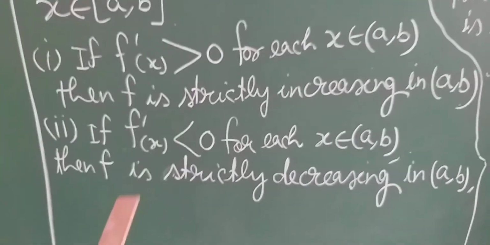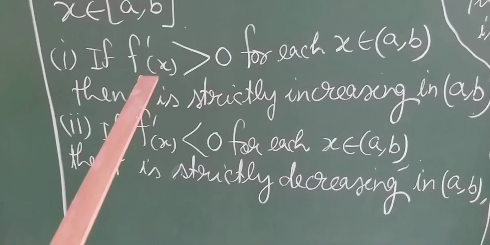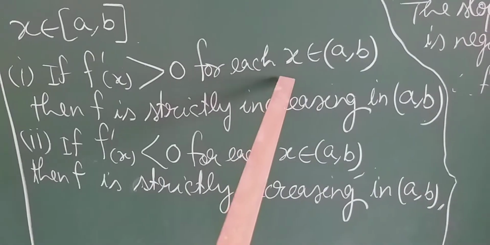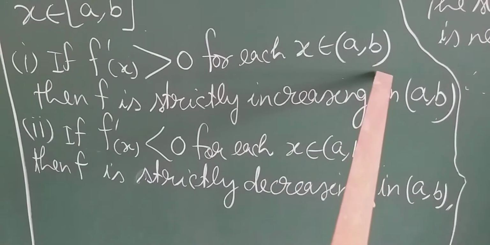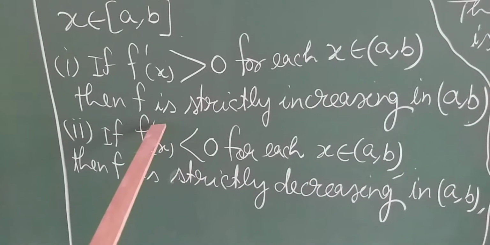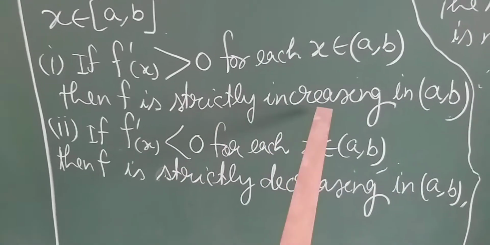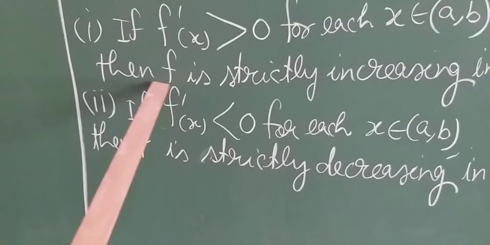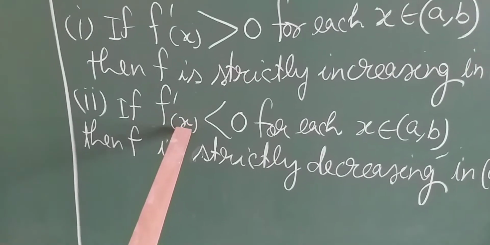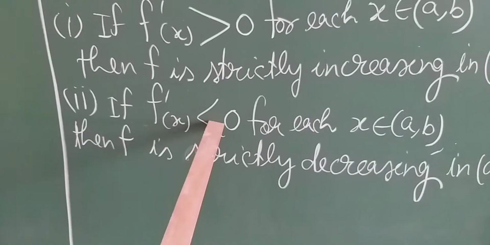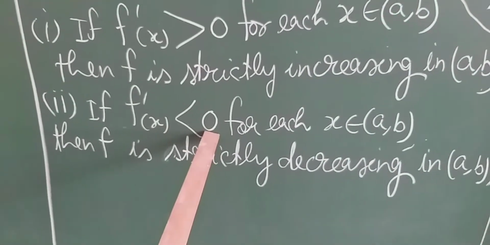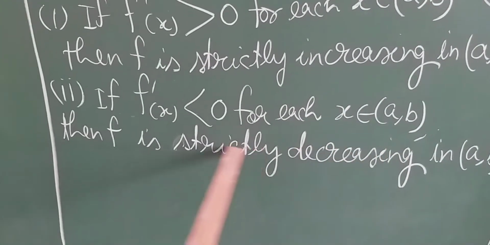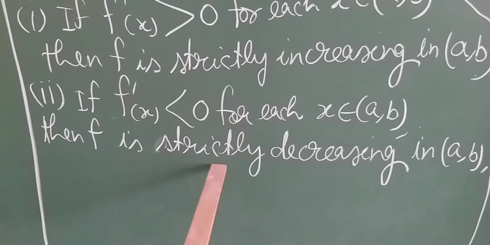So remember, if f dash x is greater than 0, where x belongs to the open interval AB, then f is called strictly increasing. If f dash x, meaning the value of the first derivative of the function, is less than 0, where x belongs to the open interval AB, then f is called strictly decreasing.